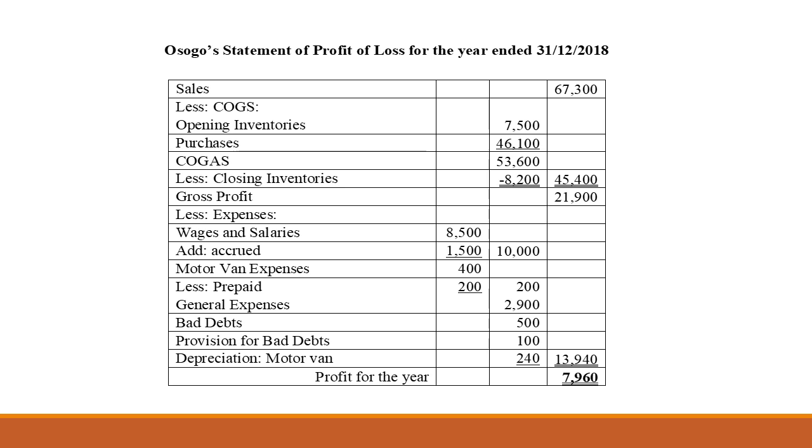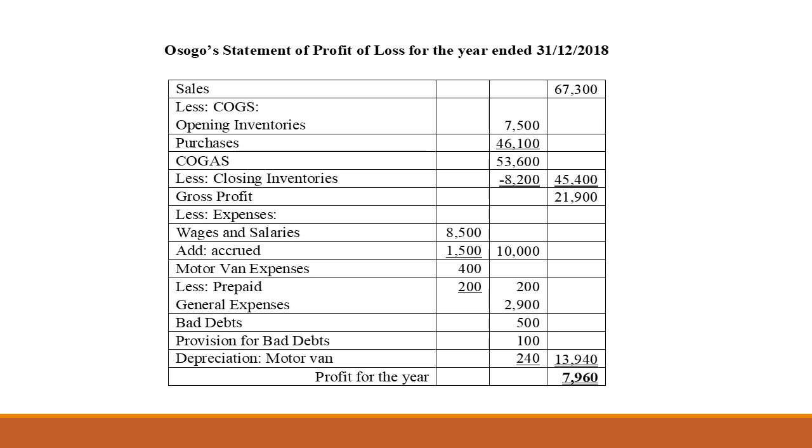Then we deduct expenses. We have wages and salary, but remember in the notes we have 1,500 accrued. So the wages and salary need not be only the 8,500 shown on the trial balance; we also need to adjust with the accrued amount of 1,500, so that it is 10,000.